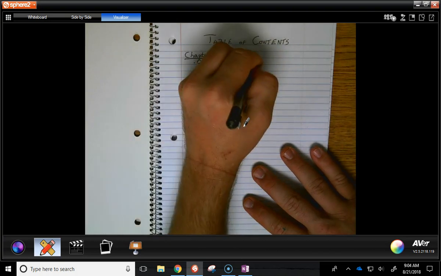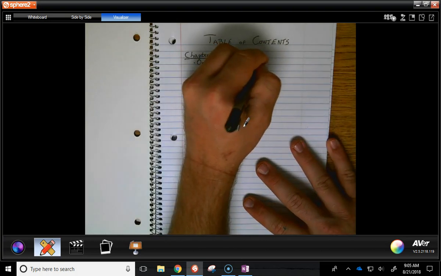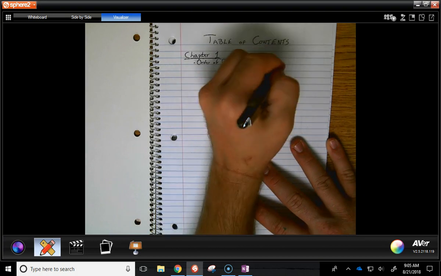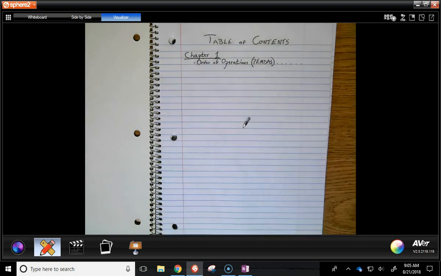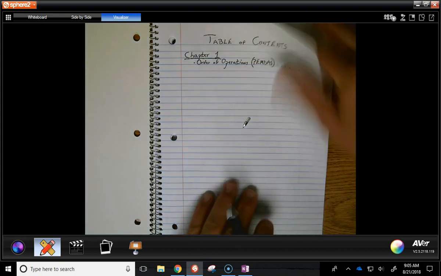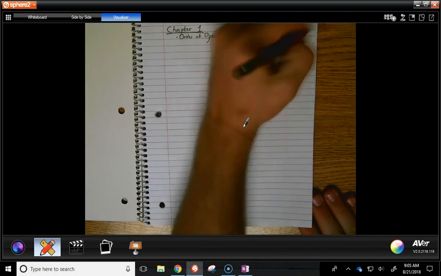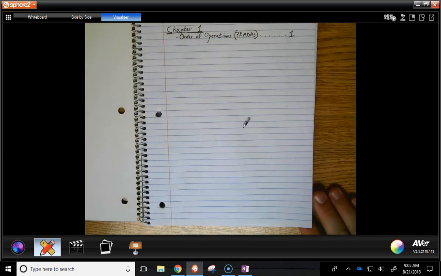And I'm going to put in parentheses, PEMDAS. And then I always go all the way to this right, and I'm going to write the page number. I'm going to glue this one in. For me, it's going to be my first one that I numbered, page 1. So I will say 1.